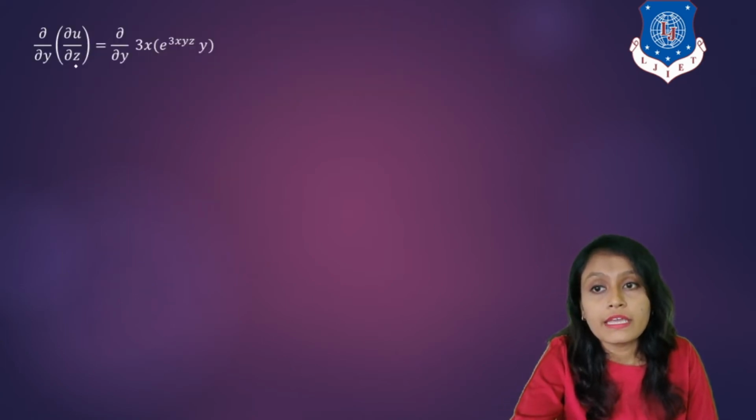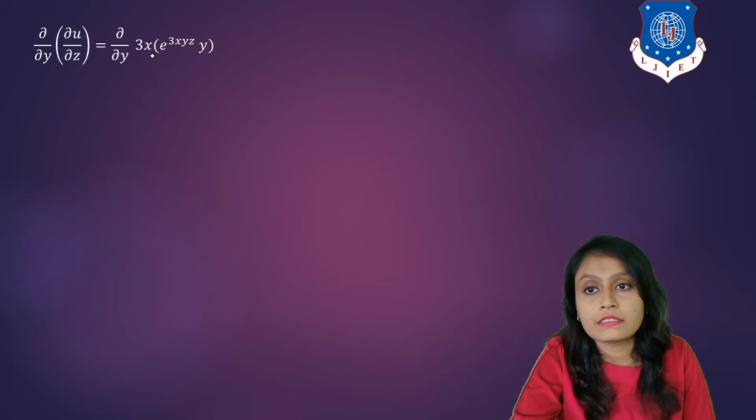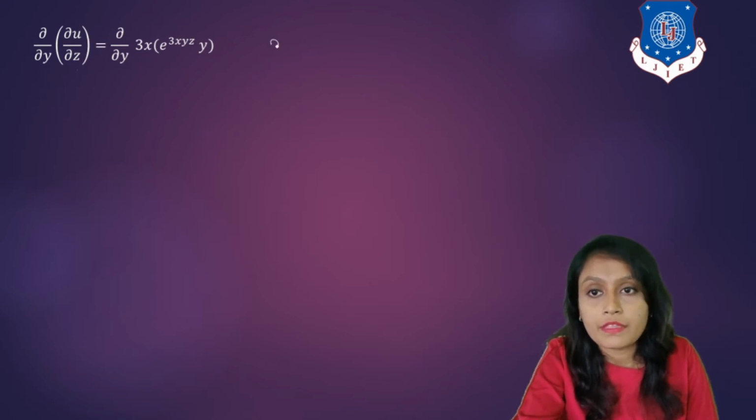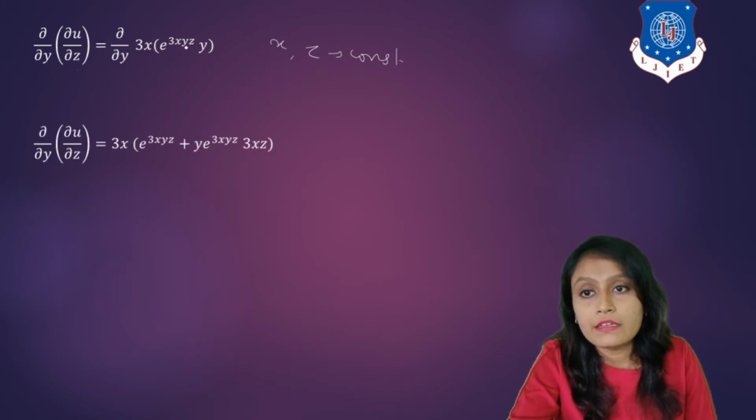Now we have to take the derivative of this del u by del z with respect to y. So del u by del z, just write it down here, that is 3x into e raised to 3xyz into y. Now here we have to take the derivative with respect to y, so x and z will remain constant. Now we have y here also and here, so we will apply the UV rule.